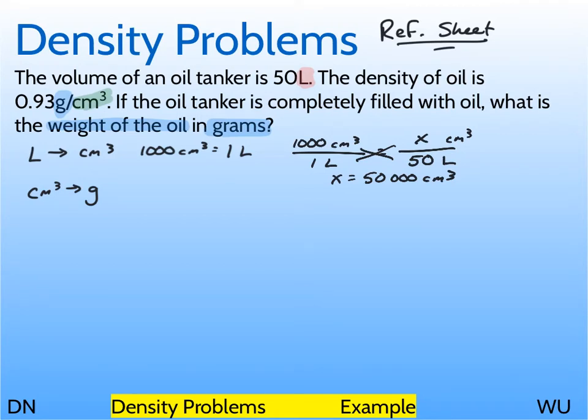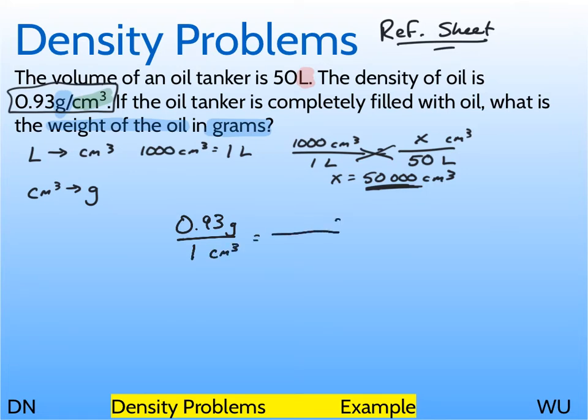And now we're going to use that, the 50,000 cubic centimeters, and we're going to use this conversion ratio right here to go to grams. So using the conversion ratio, we have 0.93 grams per centimeters cubed, which means per 1 centimeter cubed.